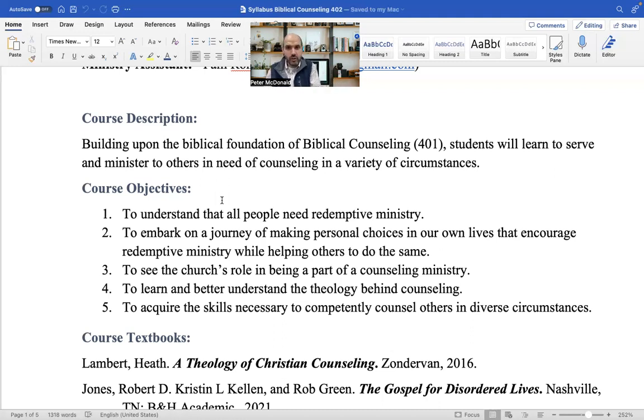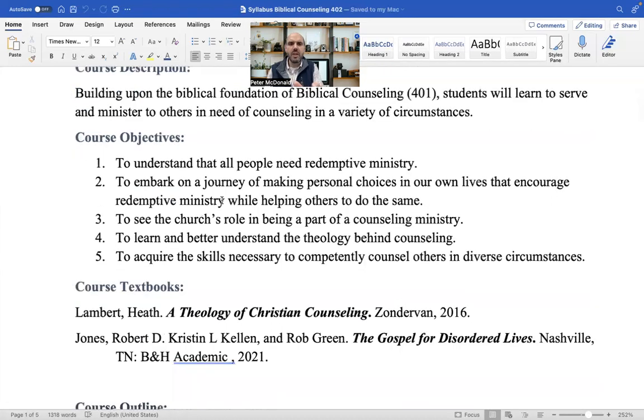And now we're going to learn how to serve and minister to others in need of counseling in a variety of circumstances. So if you were looking forward to case studies and scenarios and what would you do in this moment, this is the course where we're going to venture into those things. So some course objectives. We want to understand that all people need redemptive ministry.